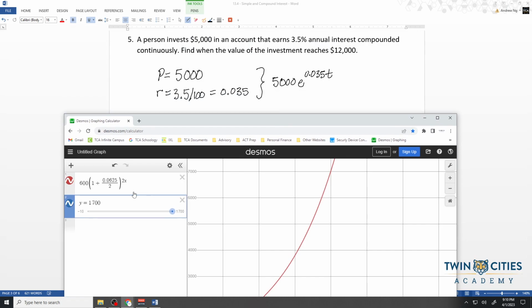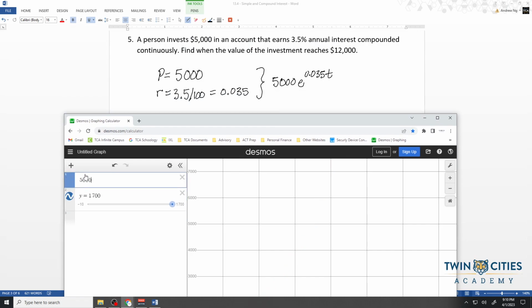Okay, so let's change this up. 5,000 E. As soon as you put E, the calculator will understand that is the transcendental number E, not a variable. And then this is to the 0.035. And then we'll use X for T here.